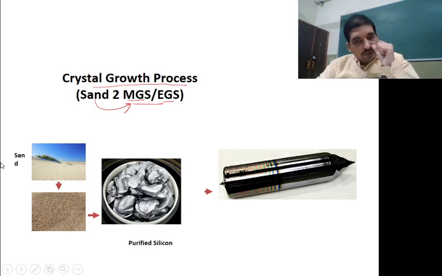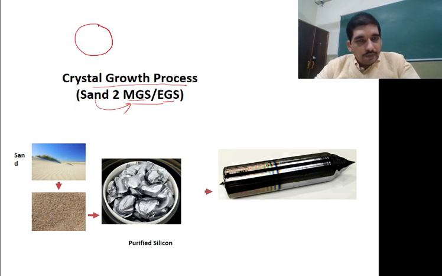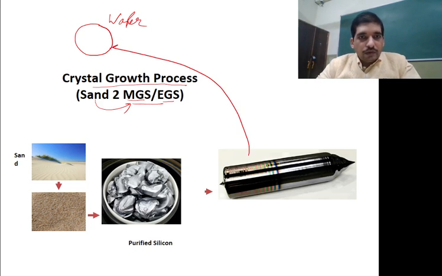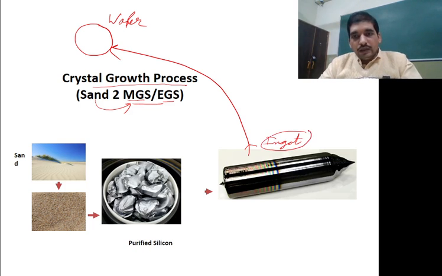Okay, so as I said, the ultimate aim is to obtain a circular disc. That means this is actually the wafer. This is what we want to obtain, and this we will obtain from this ingot. Okay, this is known as an ingot, and this ingot is basically obtained from the raw material like sand.